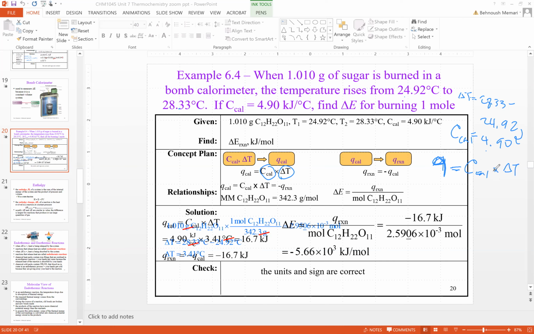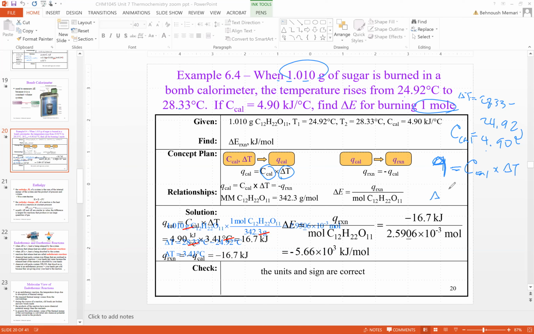Then on the next step, because it's asking for the molar value, it is asking for 1 mole. When you find this value, it is for the given grams.